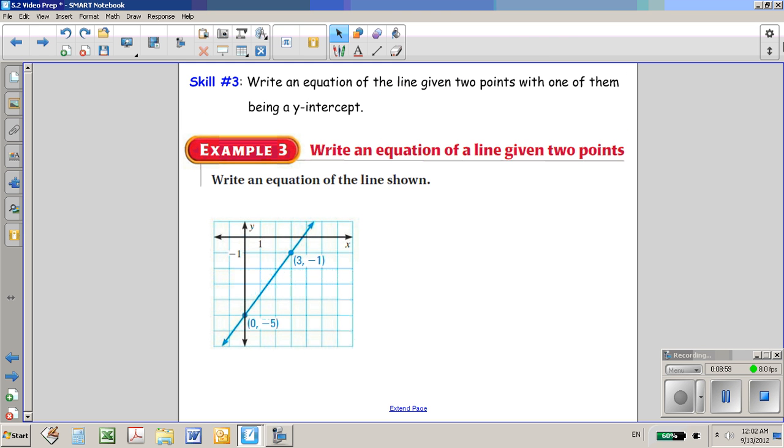We're halfway there. We've got 2 more skills. Our skill number 3 is writing an equation of the line given 2 points with one of them being a y-intercept. And you'll see later on why it's important, but for this section, for the first one, we want to use the y-intercept. So the first thing I want to do is show you where the y-intercept shows up in the graph.